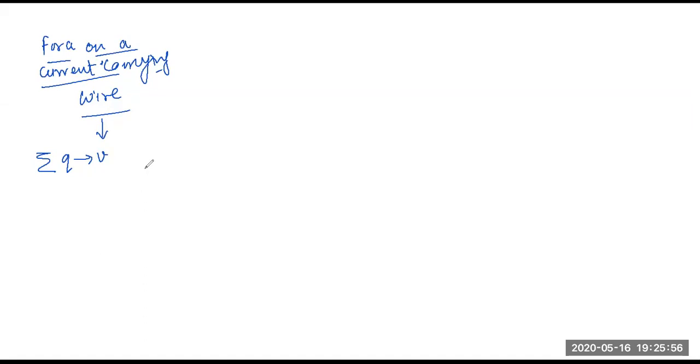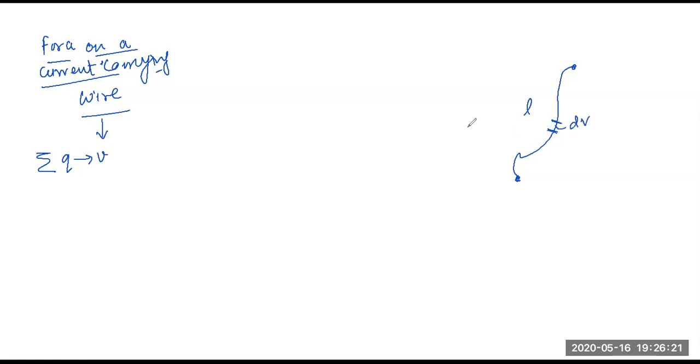So we'll take up a small segment of a wire. If you take a small segment of a wire, how much will be the charge on it? There is a long wire, you can take a long wire if you want. There are some coordinates here, some coordinates there, and length is, let's say, L. If you take a small segment of the wire, let's say volume is dV.